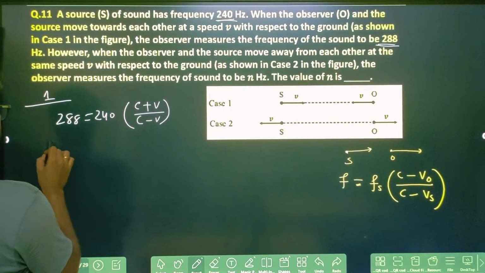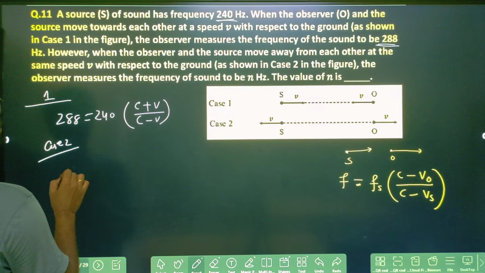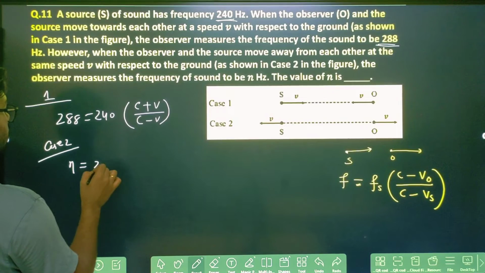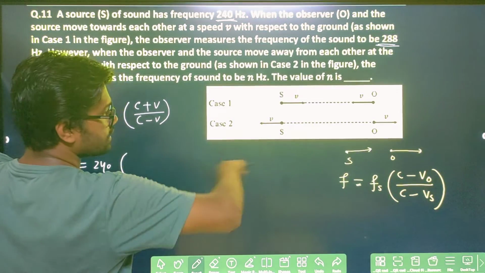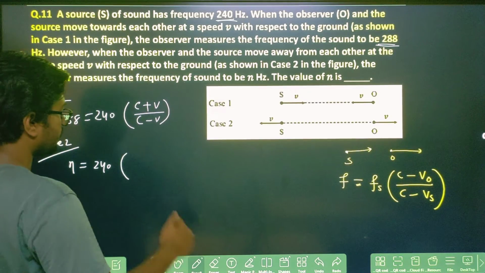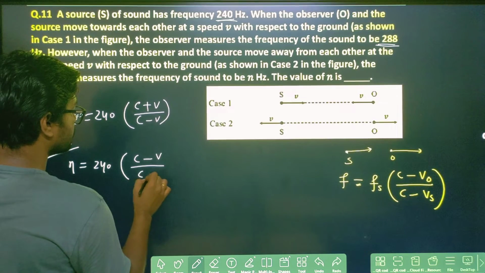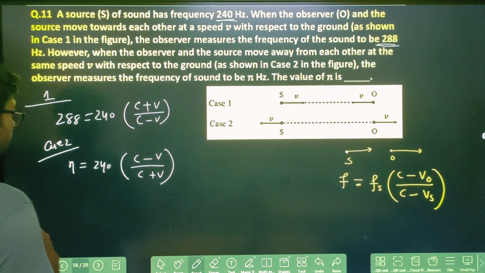Now for case 2, this will be not known to me, there you have to find out n equal to, this will be 240. Now here see, the source is changing its direction, the observer is not changing, right? So this will be C minus V divided by C plus V. Source you have to change minus to plus, that thing I have written.